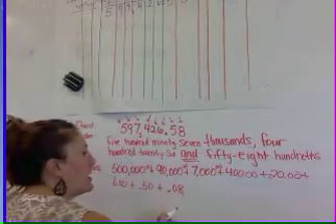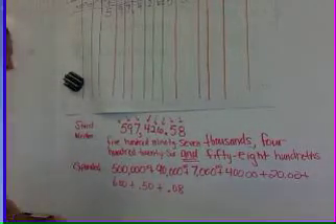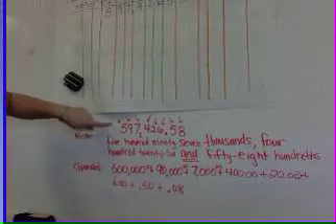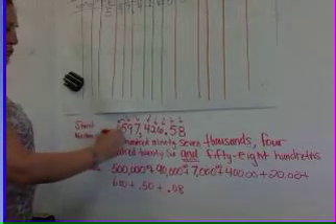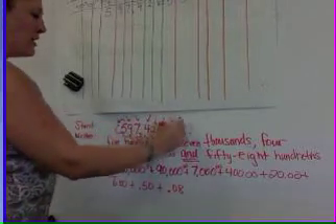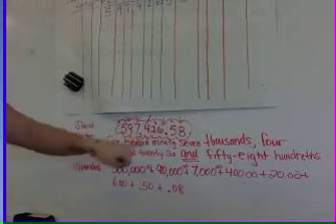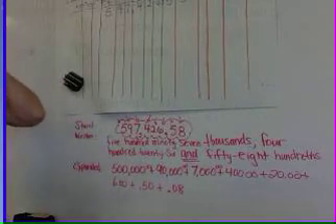If I were to take a calculator and put in that number with all those zeros and add them all up, my number should come out to be 597,426 and 58 hundredths.